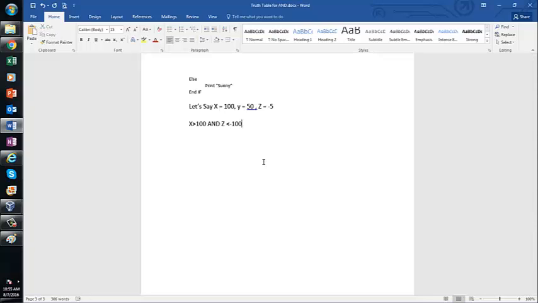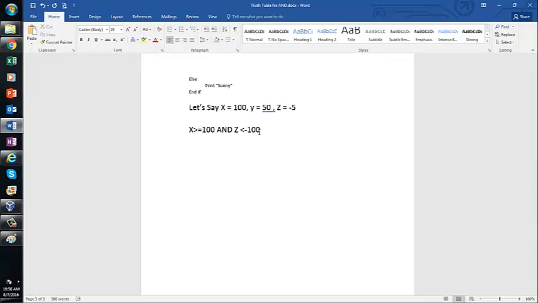Could you solve this expression? The values are x equal to 100, z equal to minus 5. I'm giving you x greater than or equal to 100 and z less than or equal to minus 100.